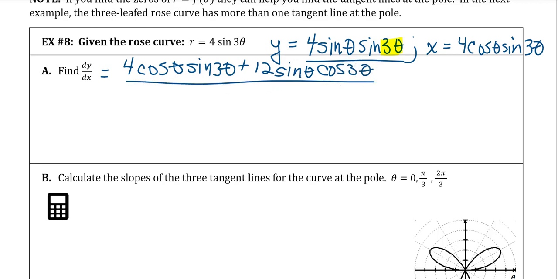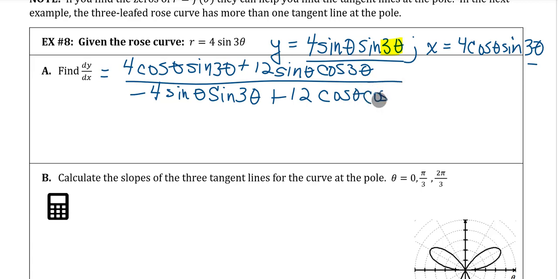And then the denominator, I just have to use the product rule and the chain rule there as well. If I take the derivative of cosine, I'll have negative 4 sine theta sine 3 theta, and then plus, taking the derivative of sine 3 theta, that'll give me 12 cosine theta cosine 3 theta. And that's fine. You can just leave it like that.